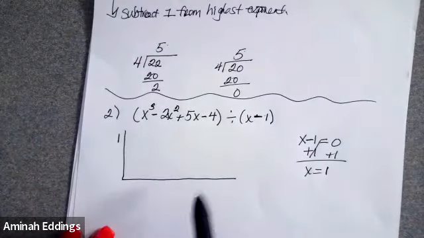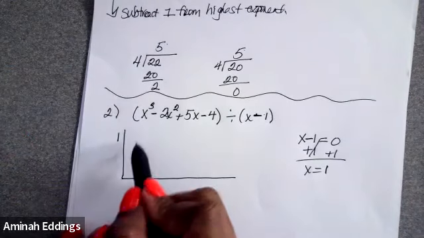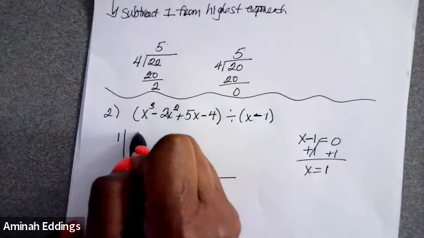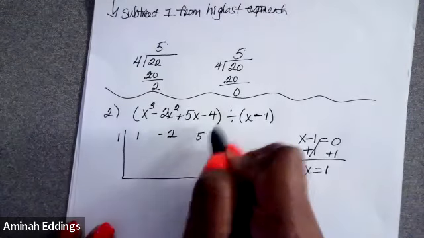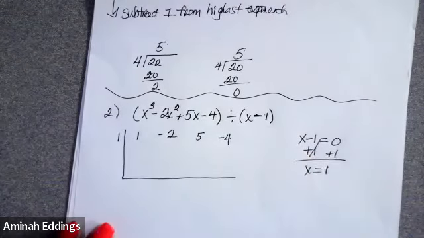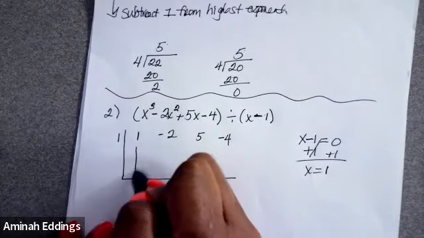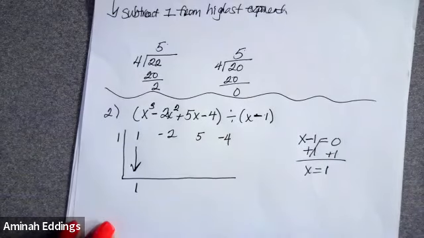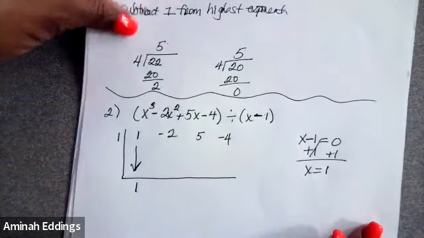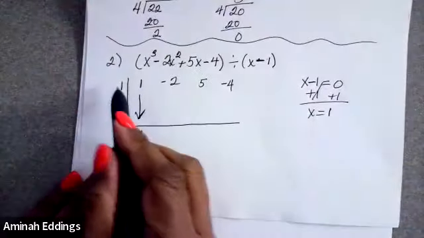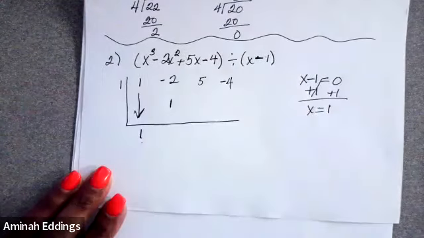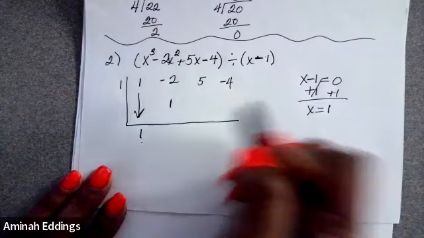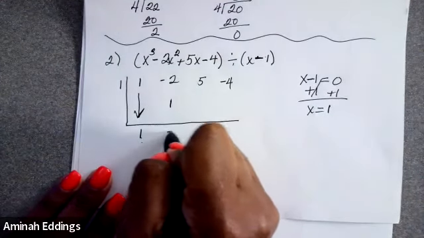All right, so now we pull out our coefficients. What's the first one? Good. Next. And very good, guys. We always begin by what? Good. So this becomes 1, and then we just start our process. So 1 times 1 is 1. Inside, what's -2 and 1? -1.